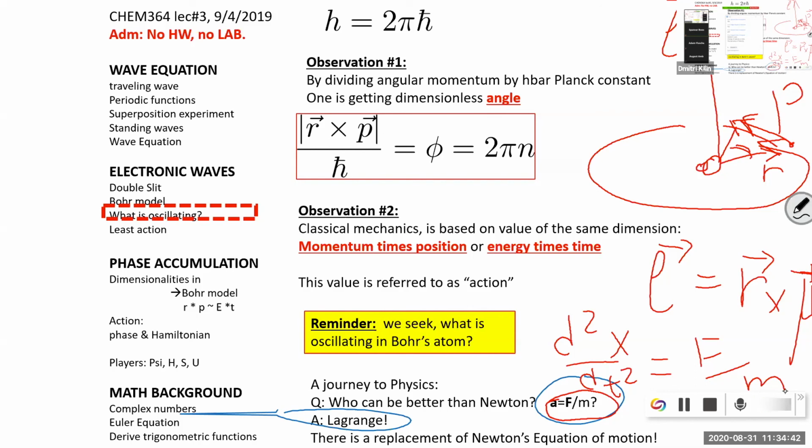So this is well accepted, Newton's equation to predict trajectories, but there is another way, another scientist who gave a competing theory that answered the same question. It is Lagrange.